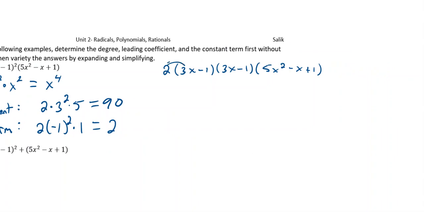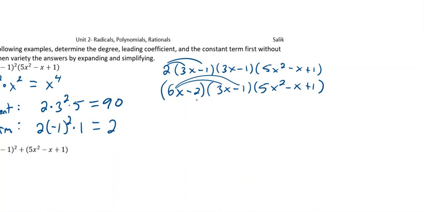You'd have to expand the 2 into that one. And I'll stop after this one, but this would end up being 6x minus 1, and then I put my brackets there, and then I'd write it all down again. So 5x squared minus x plus 1. And then the next thing I'd have to do, oh, 2, yeah, thank you. And then the next part there, I'd have to FOIL that one in.